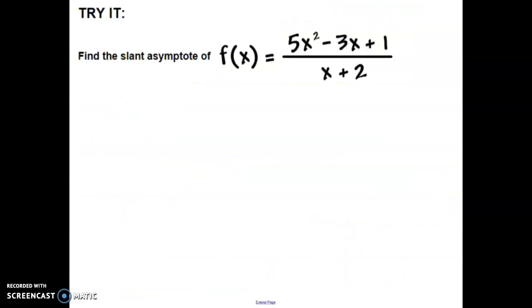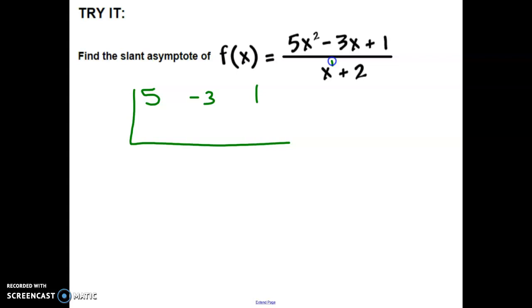So we're going to try one here that's case 3. Case 3, again, the top is bigger than the bottom degree, so we actually have to divide these. So when we divide these, we're going to use synthetic division. Synthetic division means we're going to take the numbers from the numerator and put them in the top. So 5 is my first coefficient, minus 3 is the second coefficient, and 1 is the last coefficient.